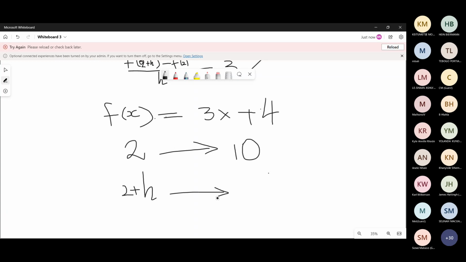Here we obtain the image of 2 plus h, which is f of 2 plus h, right? Now, we take the difference between the two images, and the difference between the two values of x, right?